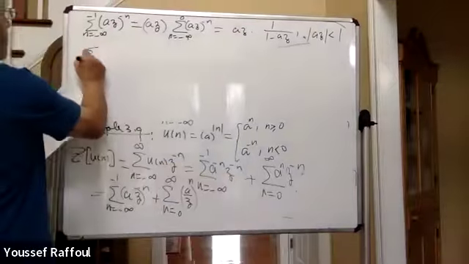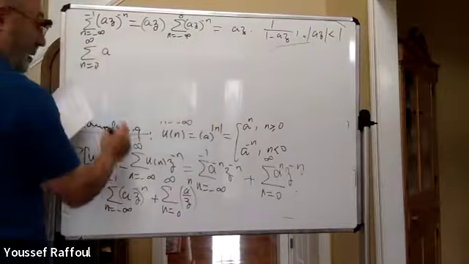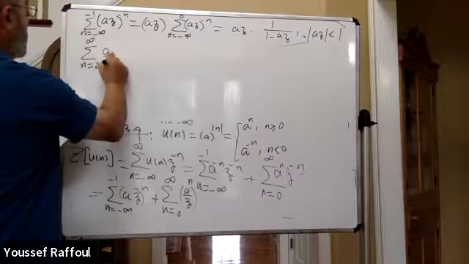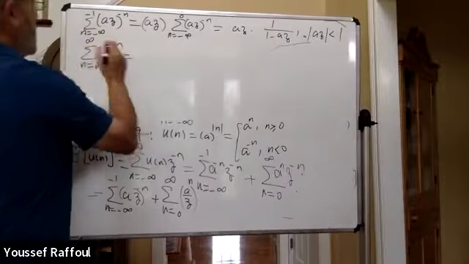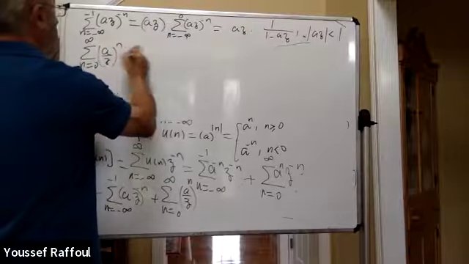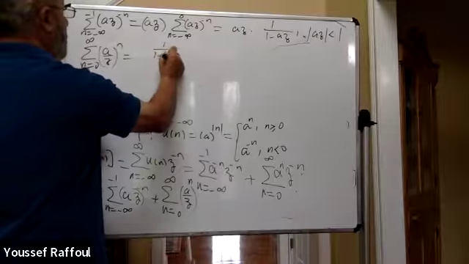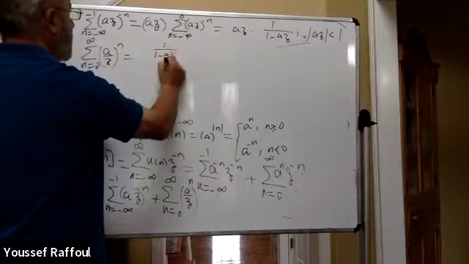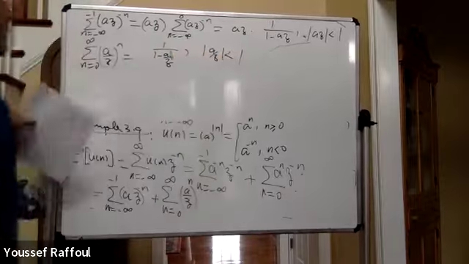The same thing, the sum from n equals 0 to infinity of (a/z)^n is 1 over 1 minus a/z, provided that |a/z| is less than 1.